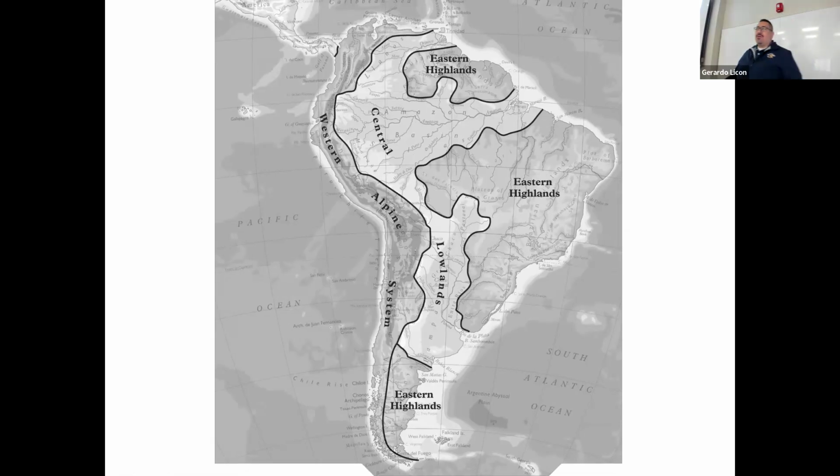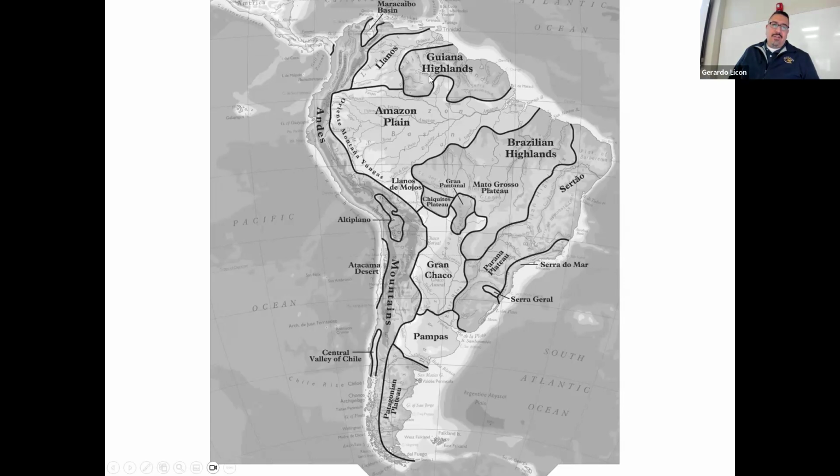And so now we'll start to break down the Eastern Highlands first. It turns out that each one of these Eastern Highlands has its own name. The northernmost Eastern Highland is known as the Guiana Highlands.